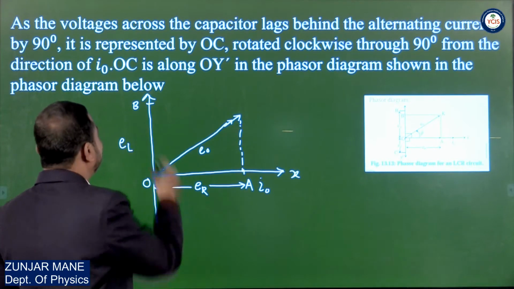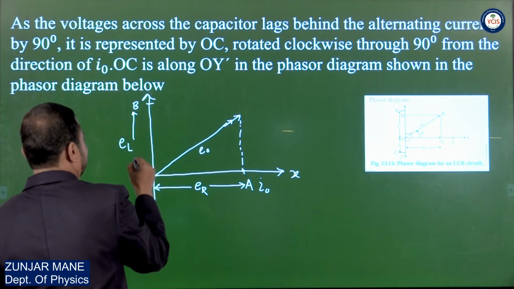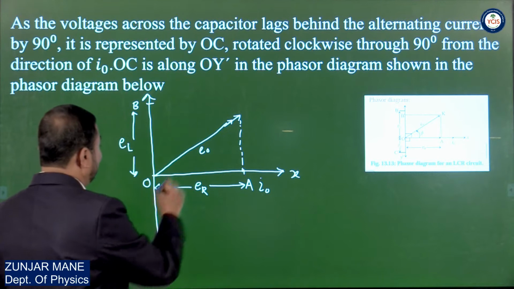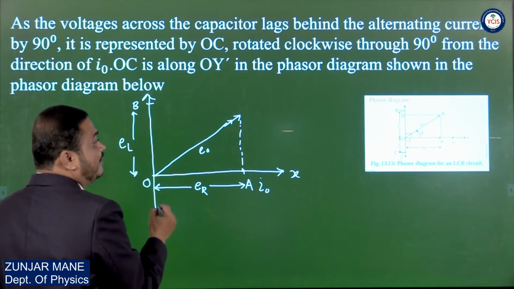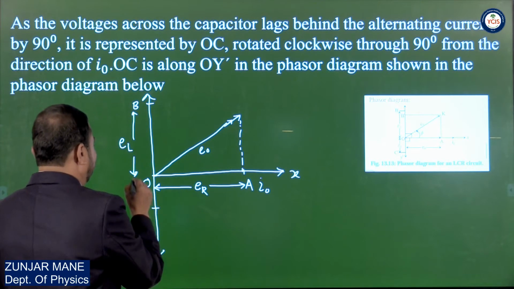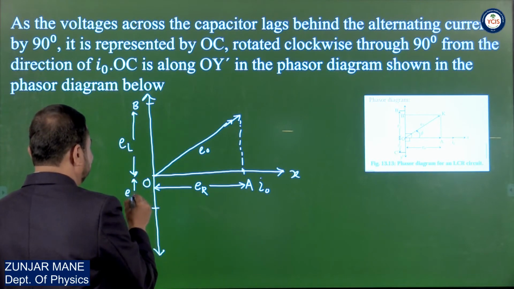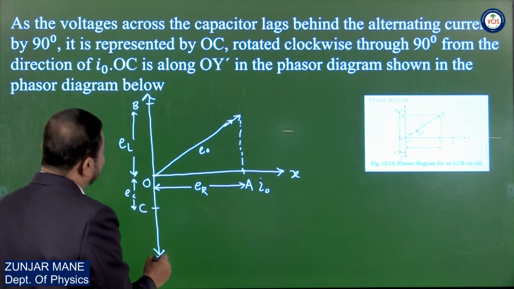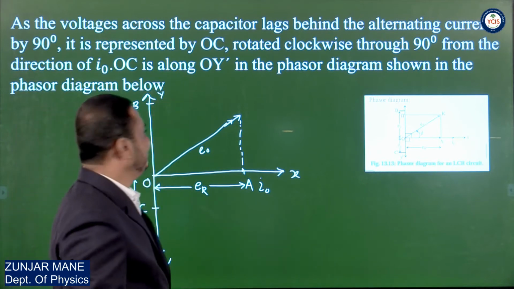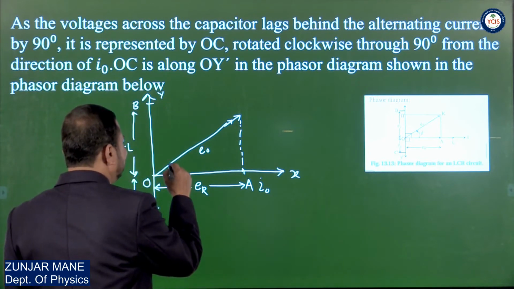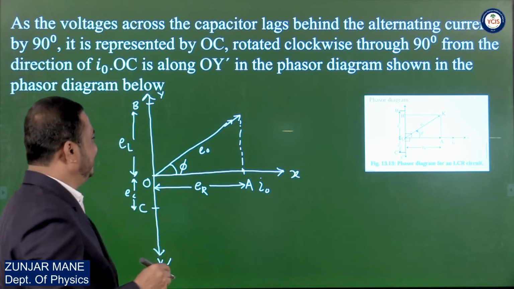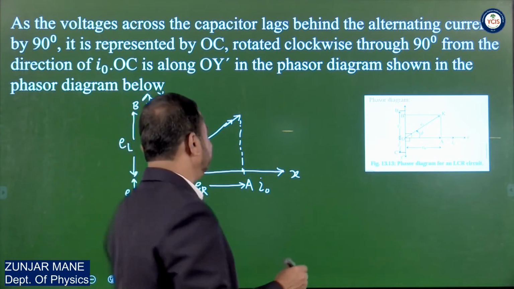Across the capacitor the voltage lags behind the current by pi by 2, so it is represented by OC, and this voltage is EC along the OY direction. Suppose this is the positive Y axis, this is the negative Y axis, and the resultant voltage is E0, and there is a phase angle of phi between I and E.